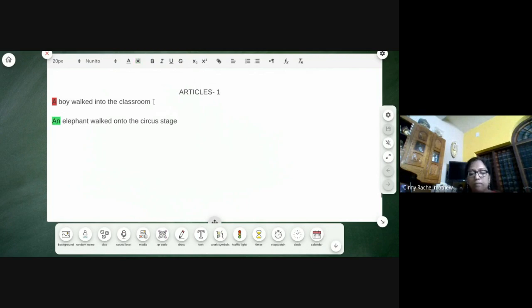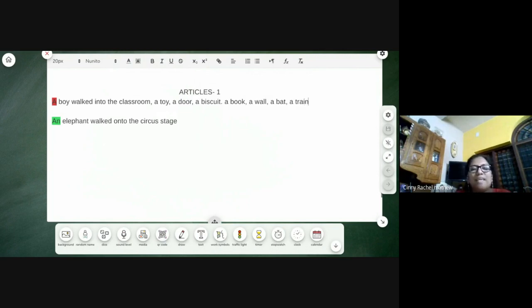We can also say a toy, a door, a biscuit, a book, a wall, a bat, a train.